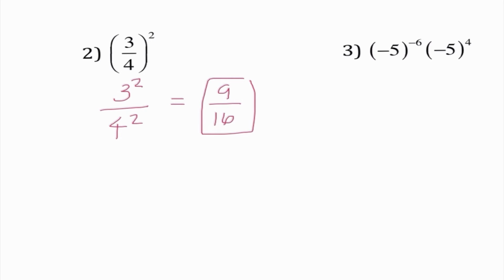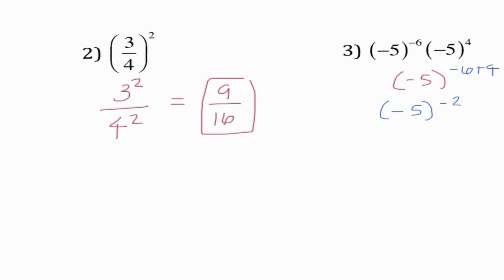Number 3 looks confusing because my base is a negative number, but I'm just going to treat this like any time that I am taking a product of powers. So I know it's going to be the quantity -5 to a power, and I need to add these two powers together. So -6 plus 4, and I get the quantity -5 to the -2nd power.